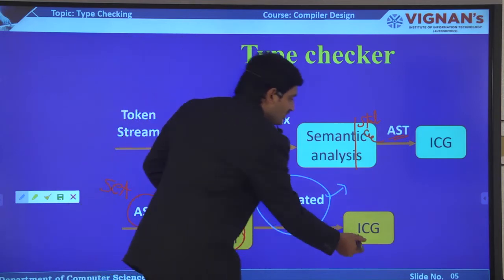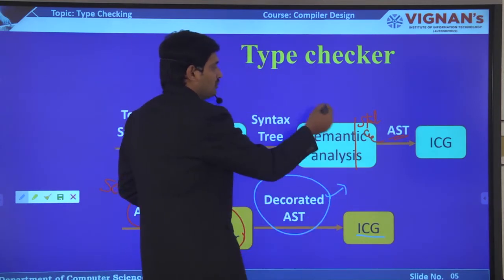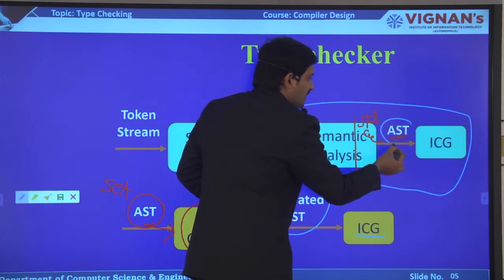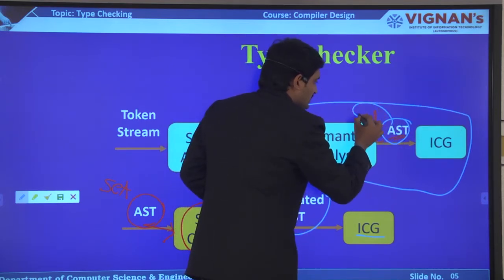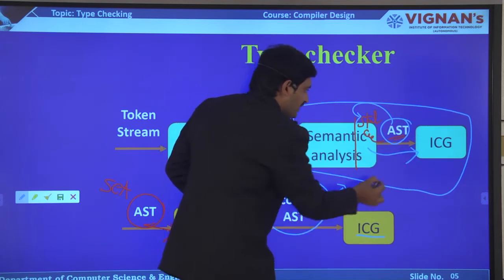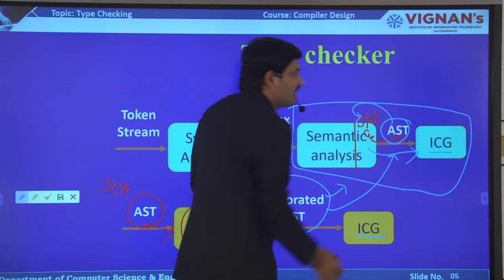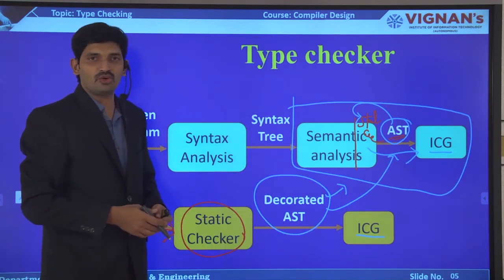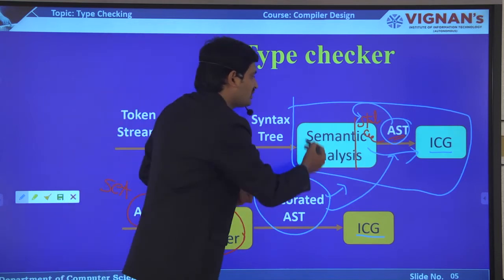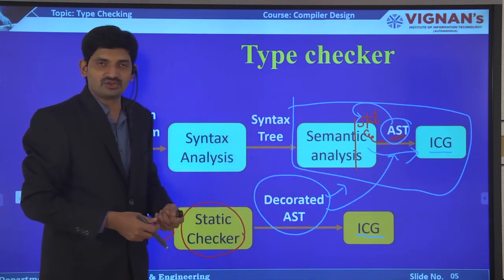Now this is given as input to the ICG. So in this diagram, this AST is given to this static checker, and the decorated AST is given as input to the ICG, the intermediate code generator. That means this type checker is included in the semantic analysis phase only.